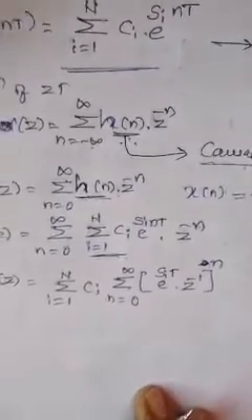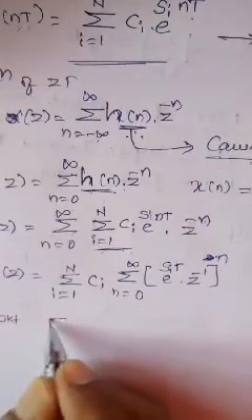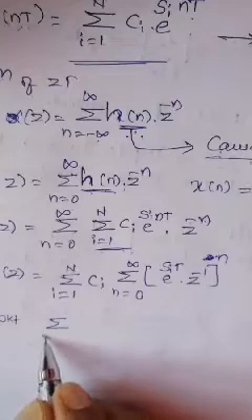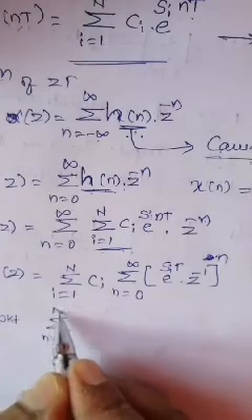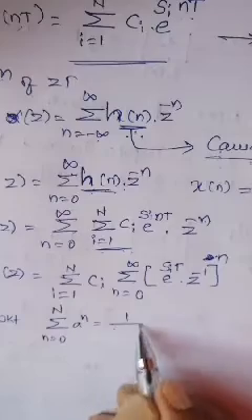Next, we know the mathematical formula: the summation over n equal to 0 to infinity of a to the power n equals 1 divided by 1 minus a.